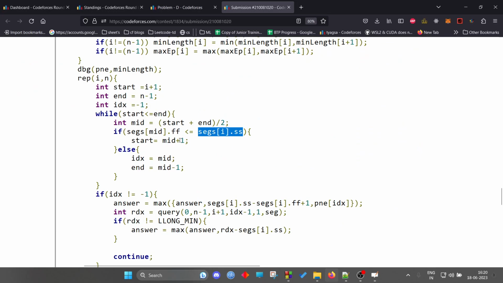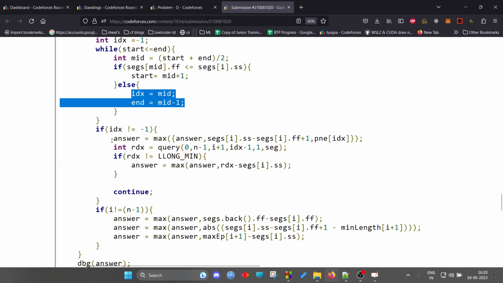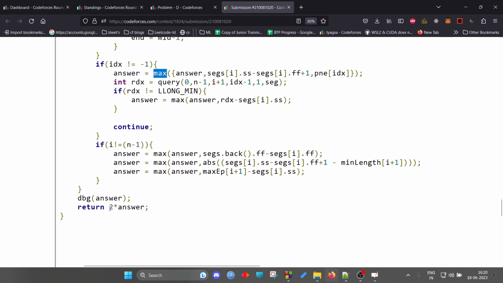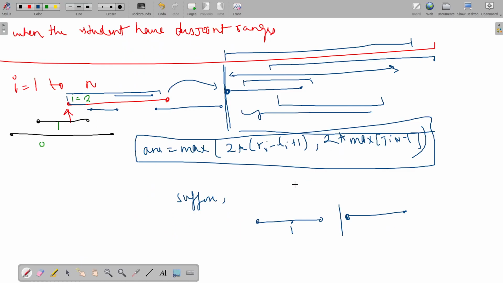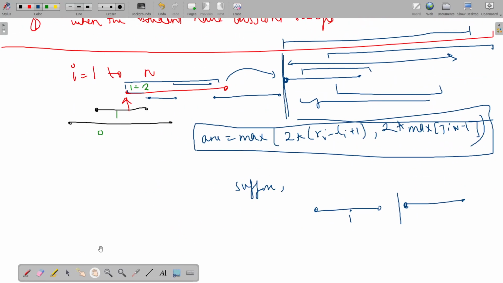Once you find that index, you simply do answer equals maximum of answer, comma, 2 times I have done at the end, so I have not written it here, but your current size and whatever is the maximum size of the suffix range. Okay, this is the first case.